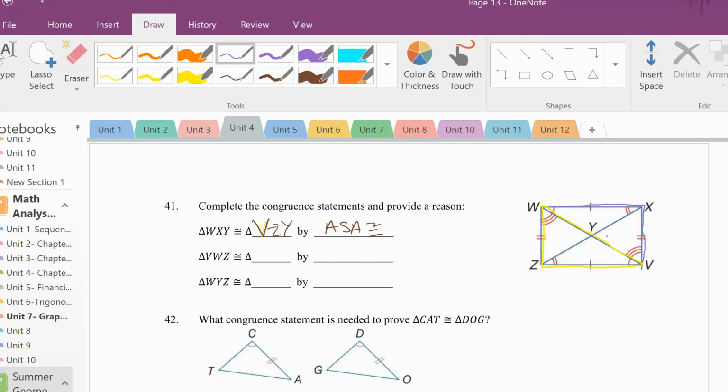Since V comes first and has one mark, W has one mark in that one. So then we have to match up W, which has 3 marks, with the 3 marks over here, which is V. And then the X comes next. And the reason, well, you have side, angle, angle, and then a side.